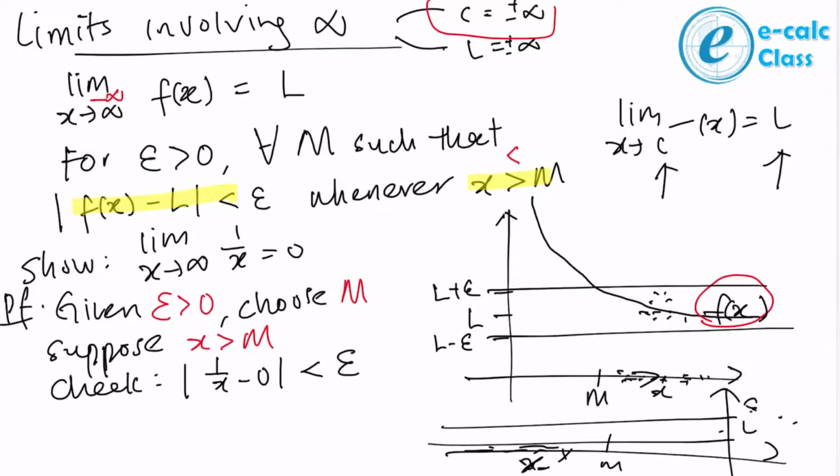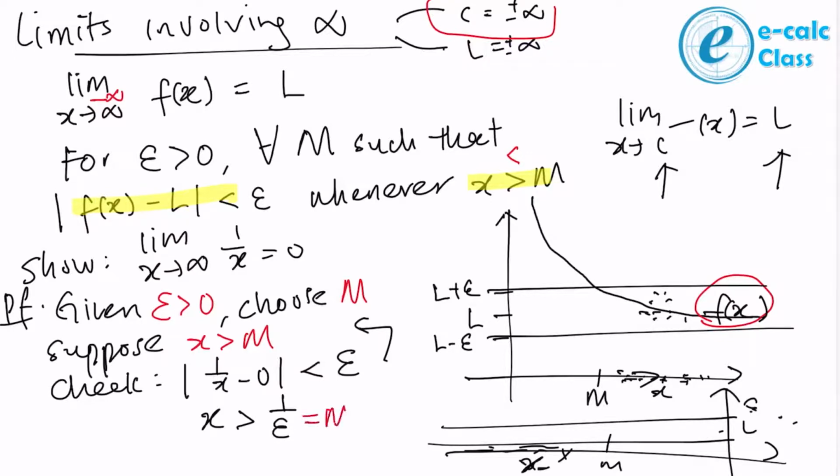So now I want to make this look like this. How can I do that? I just take the reciprocal on both sides, right? If we take the reciprocal, we need to change the sign, meaning x is greater than 1 over epsilon. And now can you determine your m?